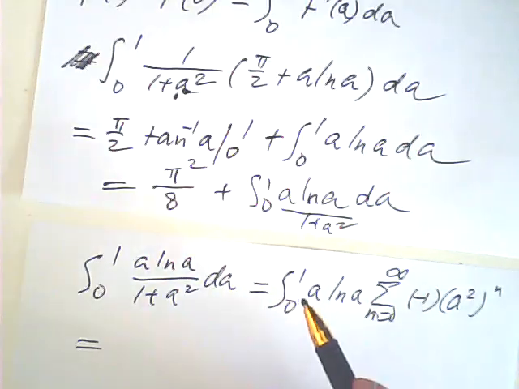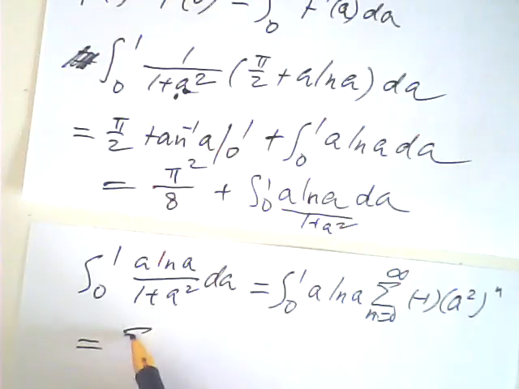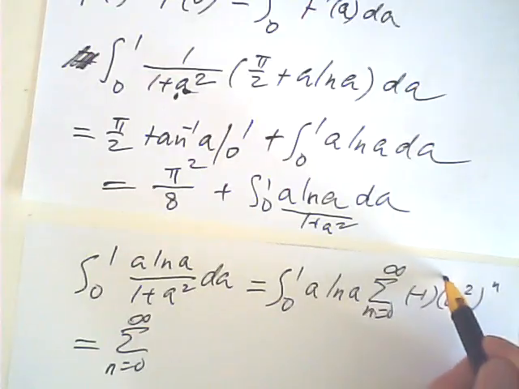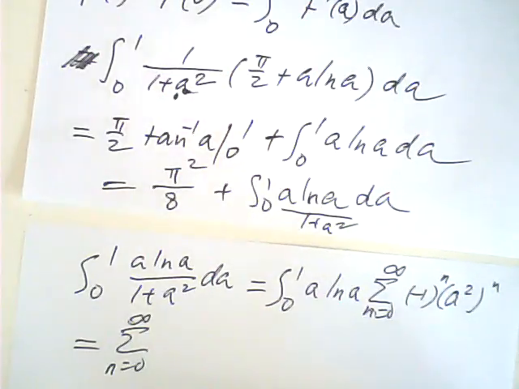This one is equal to, switch the order of operators, this becomes negative 1 to the power n.